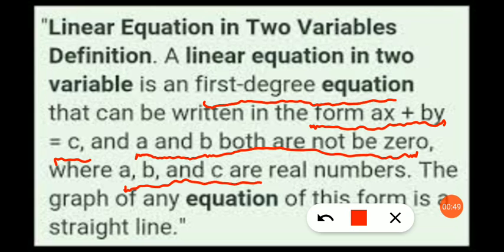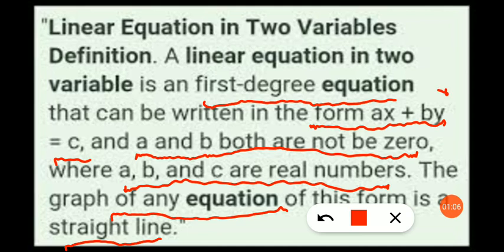A, b and c are real numbers. Also we know that the graph of this kind of equation is always a straight line. We can say that the general form of linear equation is ax plus by is equal to c.